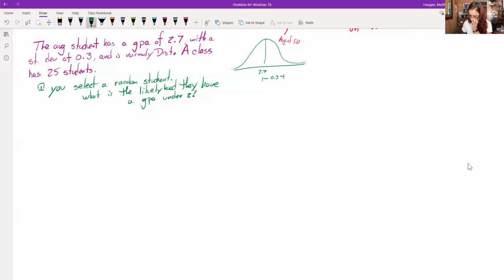So 2.7, 3.6. We're going to be looking for under.